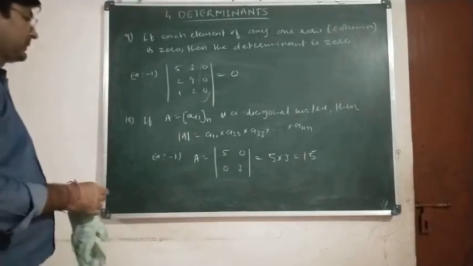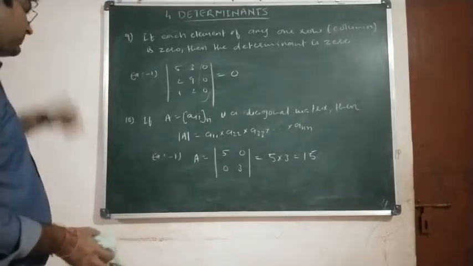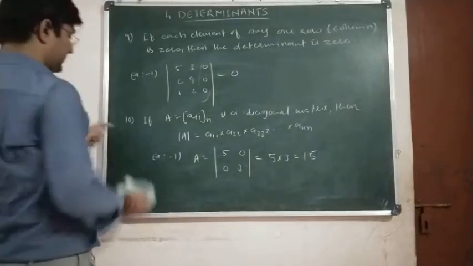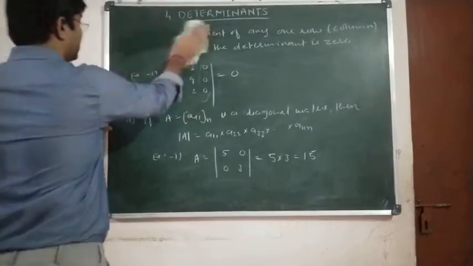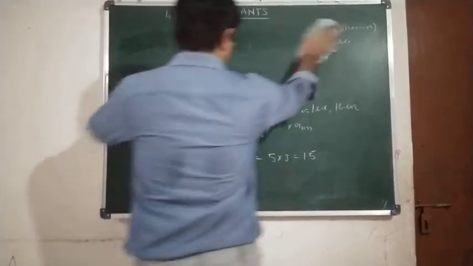So this is property number 10. Now property number 11 we will see.